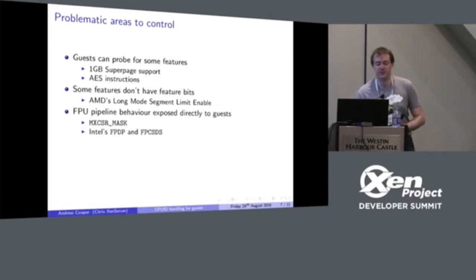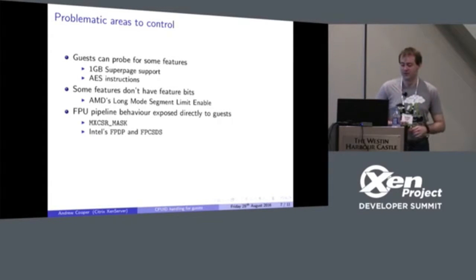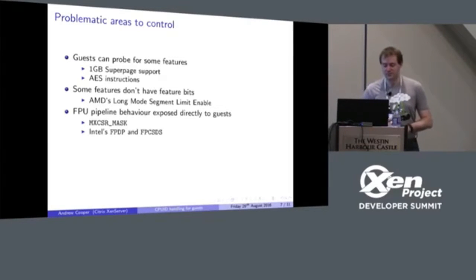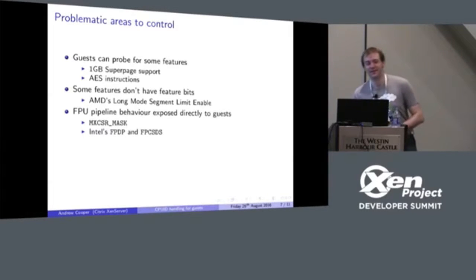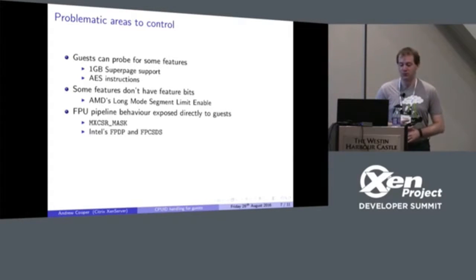Other things are the floating point data pointer and the floating point CS/DS bits, which are more like anti-features than features. They're new feature bits that indicate that the pipeline has changed behavior, and, well, yes. I'm not quite sure of the point of them.